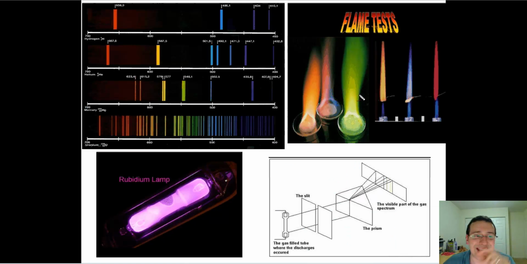This means that each atom has a specific absorption spectrum and a specific emission spectrum. Which means if you look at the color of the light that's emitted by an atom that's actually absorbing and releasing energy, it's going to be different. So look, for example, hydrogen will release energy or absorb energy in these particular wavelengths.